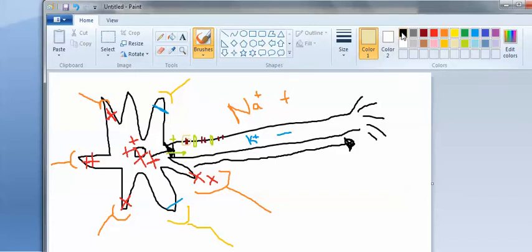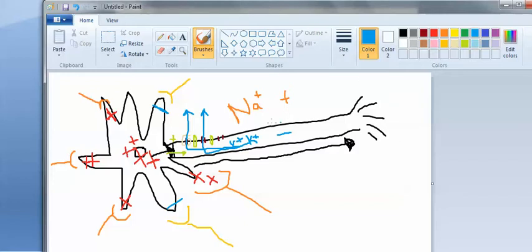I want you to let potassium out. So let's put in a couple more potassiums in here. Okay. Go ahead and let potassium out because he wants out, he's got too many buddies inside. And so potassium rushes out of these voltage gated channels.